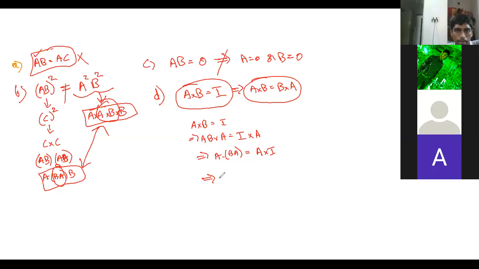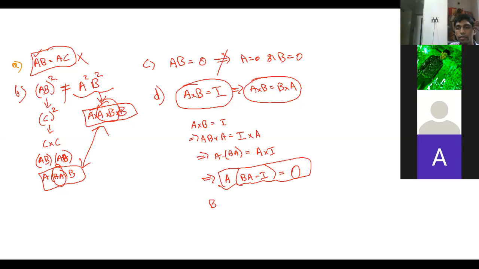One second. Okay. We can write this as BA minus I is equal to 0. Right? But you cannot cancel A, right, if they are in the equation?